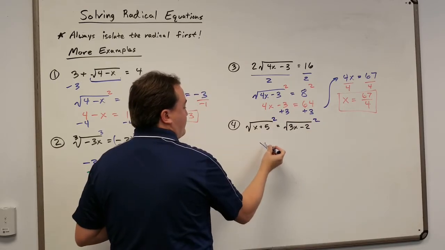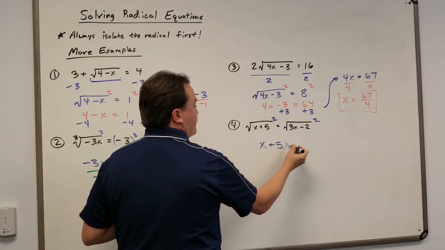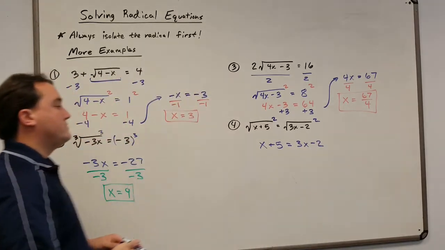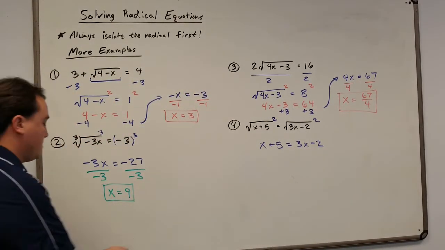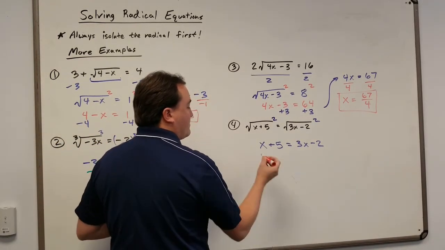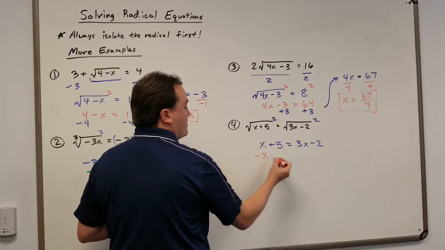Then we just get the same equation, but without the radicals. So it's pretty easy to solve. We can move our x to this side or vice versa, however you want. I like to move it so it's positive.